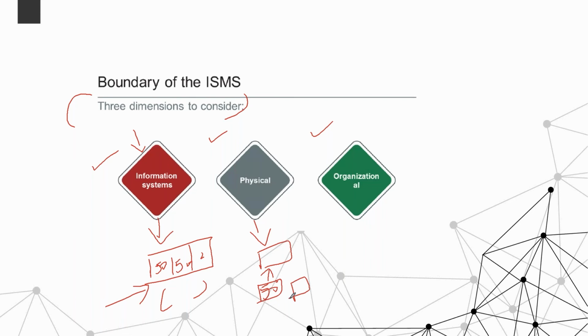In one building. How has that building been secured? There will be physical security. The controls implemented are CCTV cameras, physical security guards, and access control. With the help of these, they make sure the devices are safe and secure. So these are your physical boundaries.